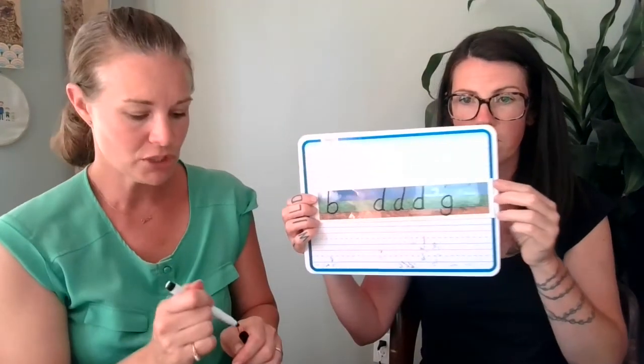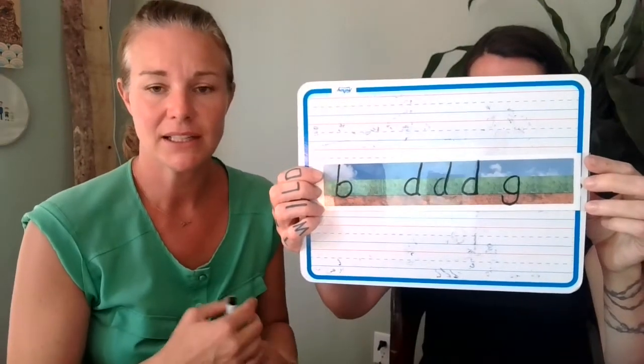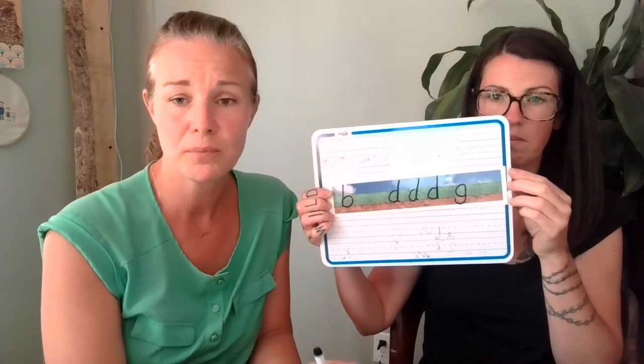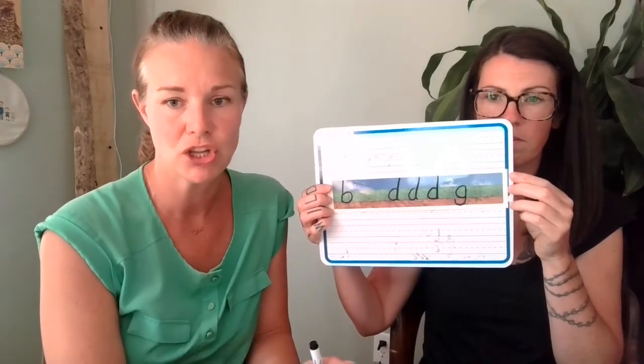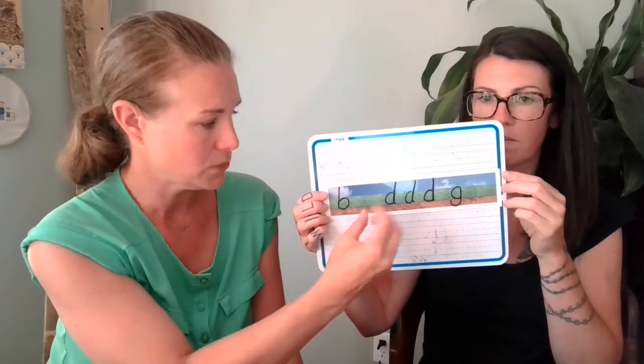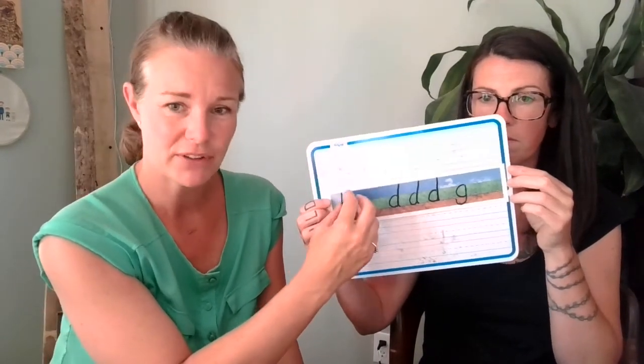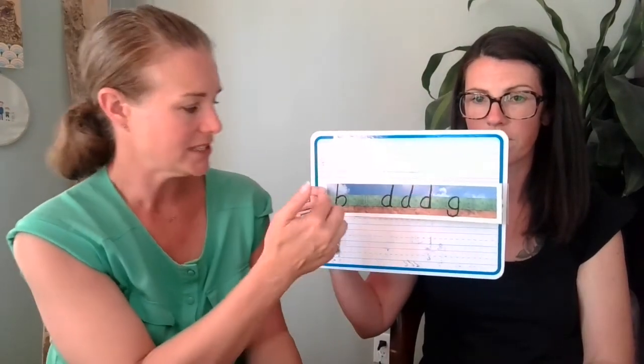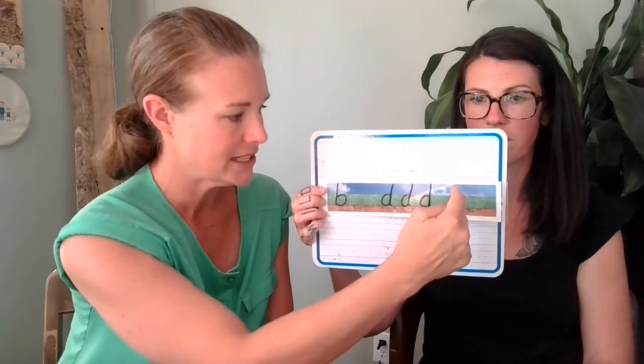So that students begin to recognize that letters take up different spaces on the page, because often what we see, especially if printing is not explicitly taught, is that the letters of an early writer are often squished together, and they have difficulty differentiating between B and D, and often we don't see the tall line on the B and we don't see the lines going deep down into the ground. So the sky, grass, ground is an excellent way to practice the letters.